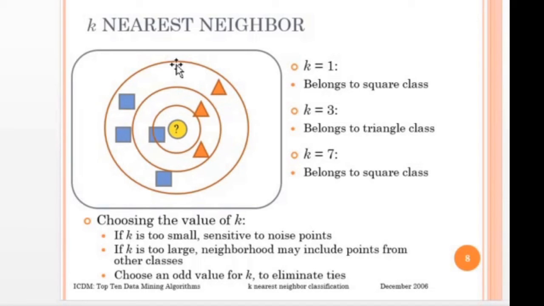That could be a line, a circle, a parabola, or any other type of curve. Whatever type of boundary you were deciding, that boundary was parameterized, and those parameters were calculated from the known examples, and that was called learning. But here you are not calculating any parameter. You are directly using these examples to know the class of the unknown example.